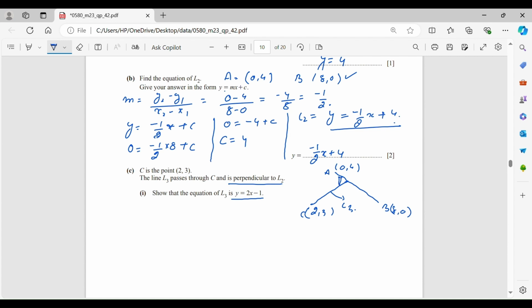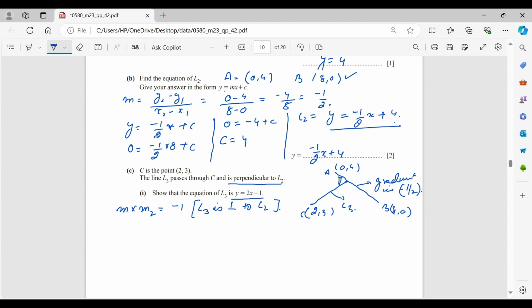Now the gradient of L2, that is m, is minus 1 by 2, right? So m into m2, where m2 is the gradient of L3, is equal to minus 1. Why? Because L3 is perpendicular to L2.